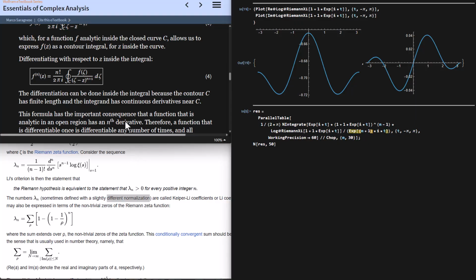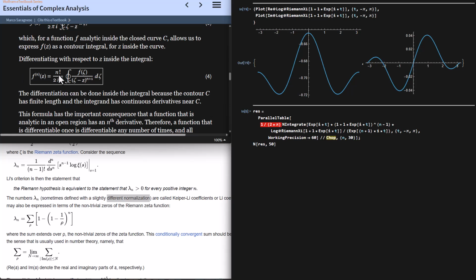Okay, the next step is just plugging this function right into this expression. So we can check the correspondence between the formulas and our code. So let's first take a look at the coefficient. We have 1 over 2 pi, and it's 1 over 2 pi.